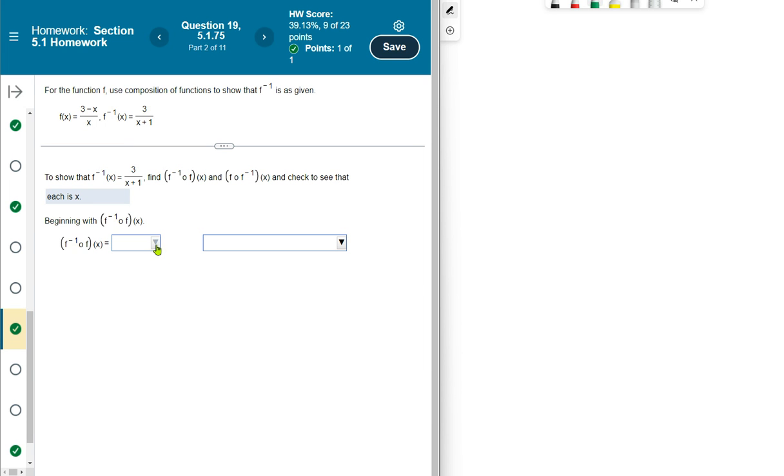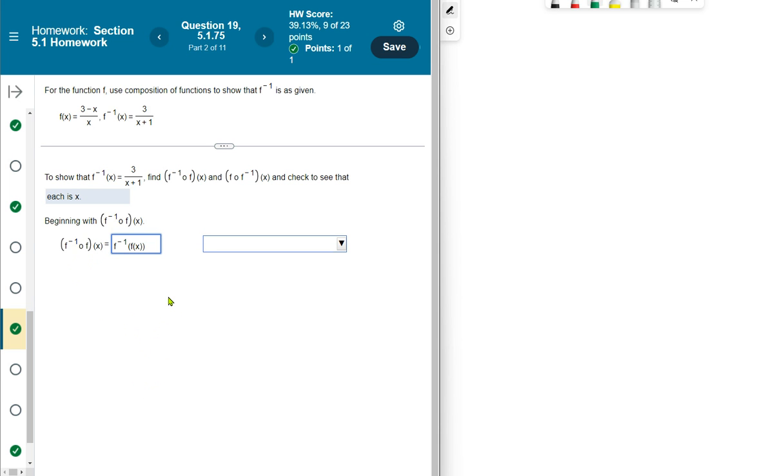There's a drop-down box. It says begin with f negative 1 of f of x. That means they want you to put the f of x function into the f negative 1 of x function. So basically, they want you to rewrite this, so that it would be this one here.